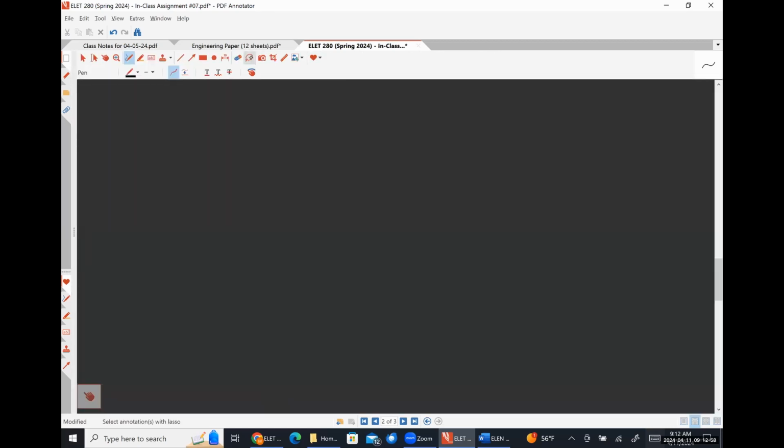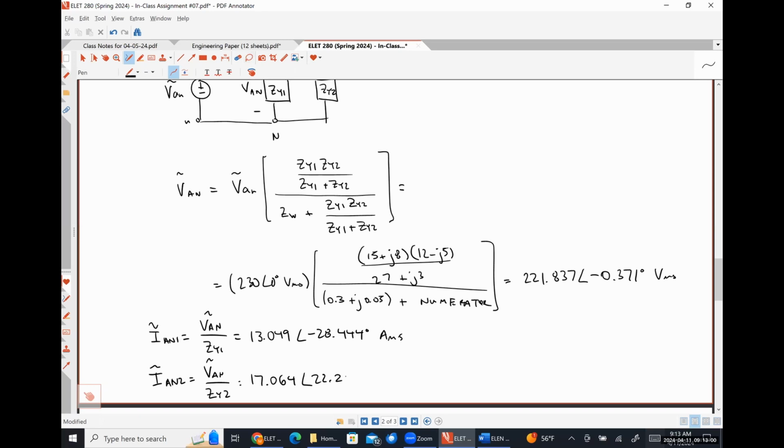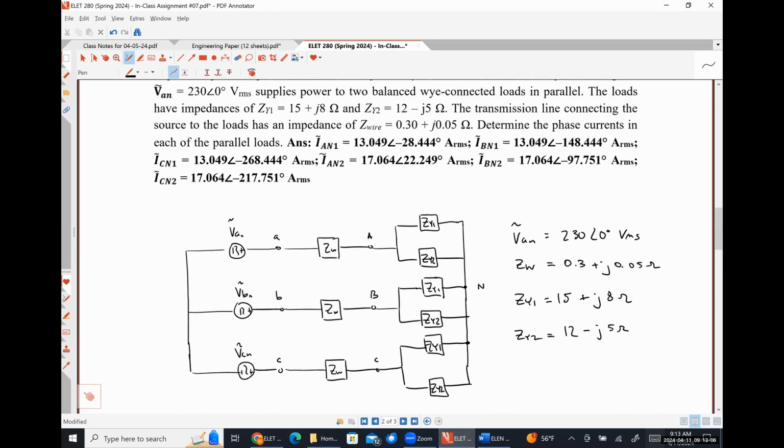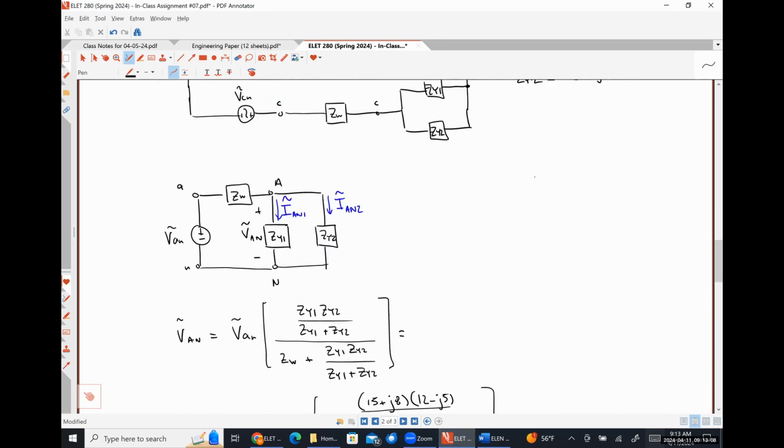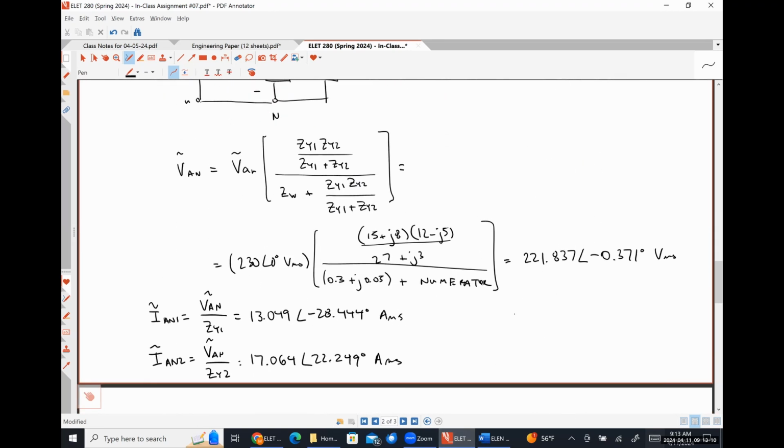Sorry. Let me just double check here. Seems legit. And obviously, to get the B phase, we would just subtract 120 degrees. To get the C phase, we would subtract 240 degrees.